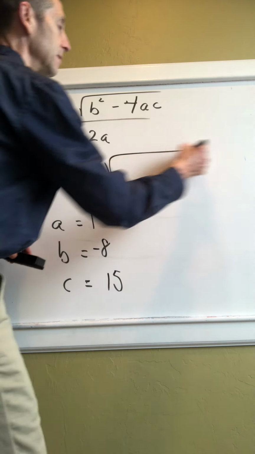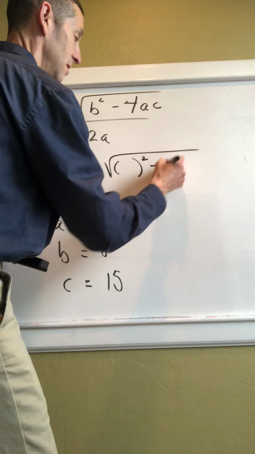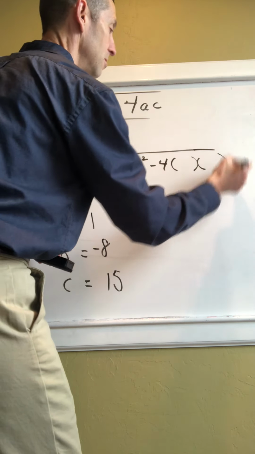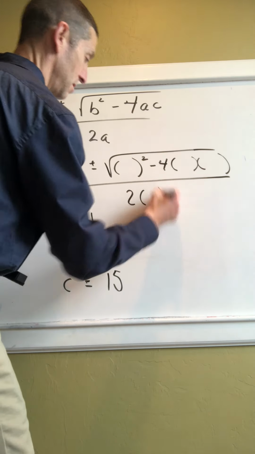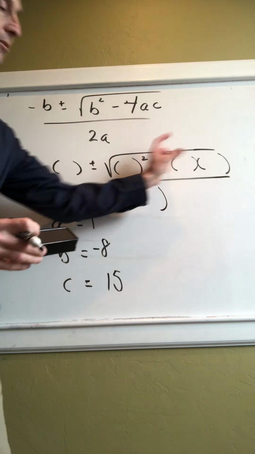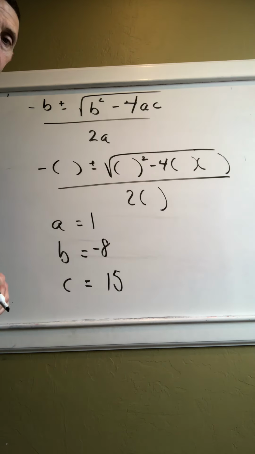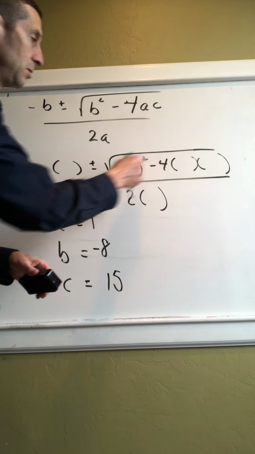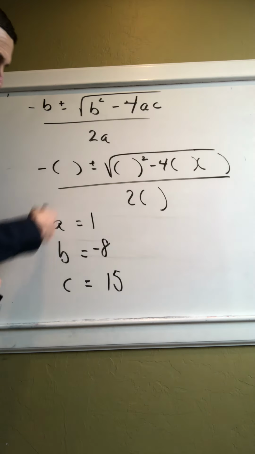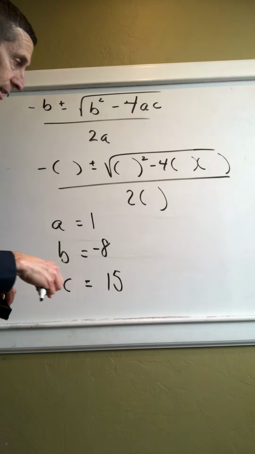How I like to write it, I like to get all my letters out of the way and make parentheses where I can substitute them in there. So I've got 1, 2, 3, 4, 5 substitutions I've got to make with my A's, B's, and C's.